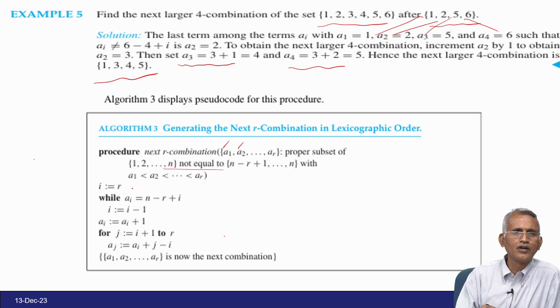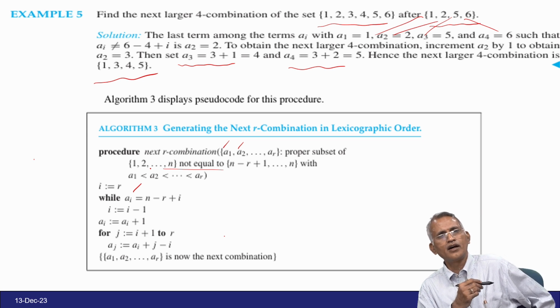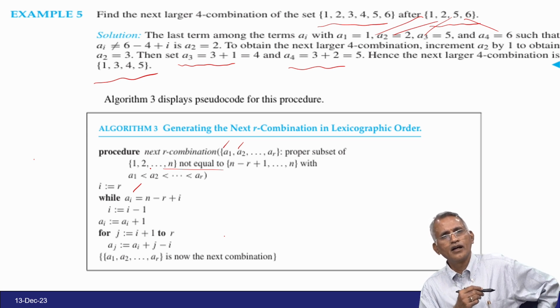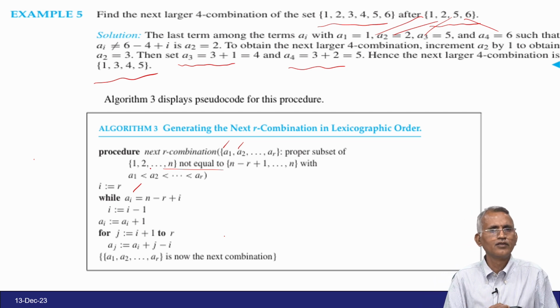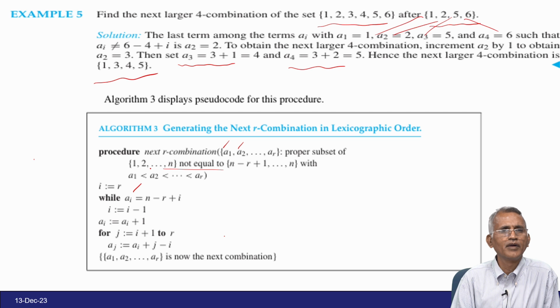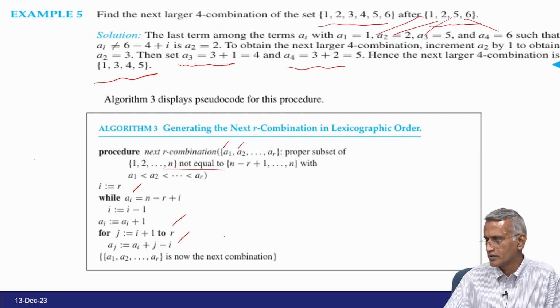Set i equal to r, and while ai equals n minus r plus i, set i equal to i minus 1. Then ai equals ai plus 1; for j equal to i plus 1 to r, aj equals ai plus j minus i. Then a1, a2 and so on ar is now the next combination.